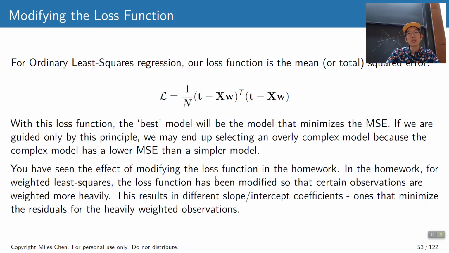If you weight them to 0, you're saying, don't even bother fitting those data points. So that's what weighted least squares does, and changing that loss function dramatically changes what your slope and intercept will be. You end up having a negative slope, despite having the same data. By changing what the loss function looks like, you end up getting a very different slope and intercept. Okay.